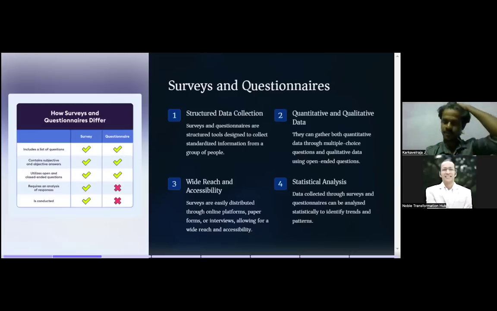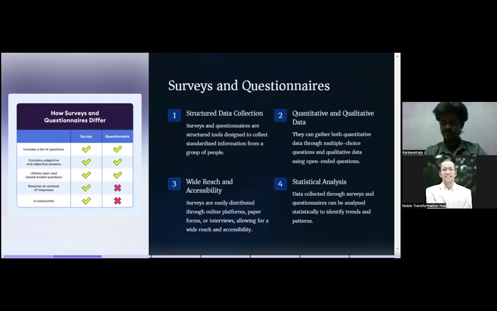You design the particular form, and then you send forms manually, do online interviews, or do offline interviews. So the first step is structured data collection. Surveys and questionnaires are structured tools designed to collect standardized information from a group of people. So that's how you do it.